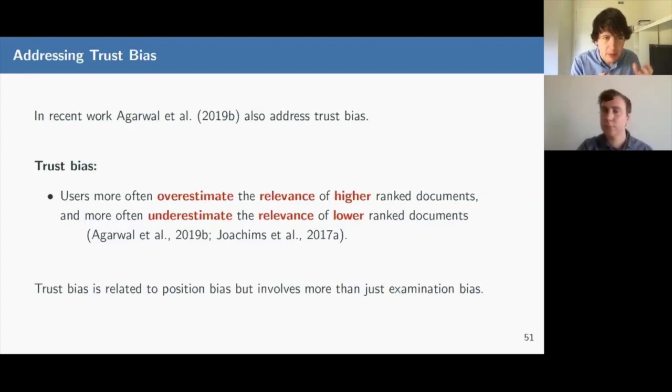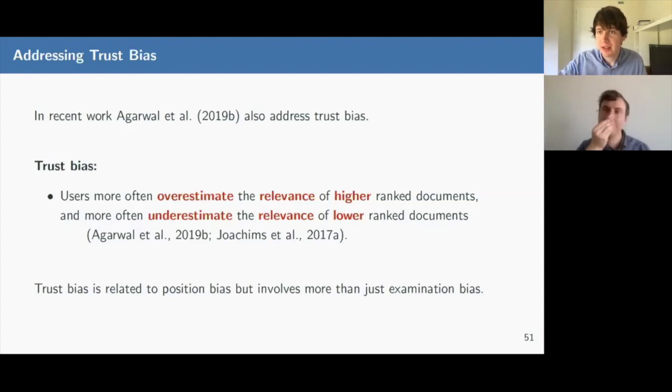What happens is that users very often overestimate the relevance of higher ranked documents. In plain language, if a user sees a document at rank 1 on a search engine, usually a search engine that is making a lot of money, they think, well, this search engine must know what they're doing. They're very successful.